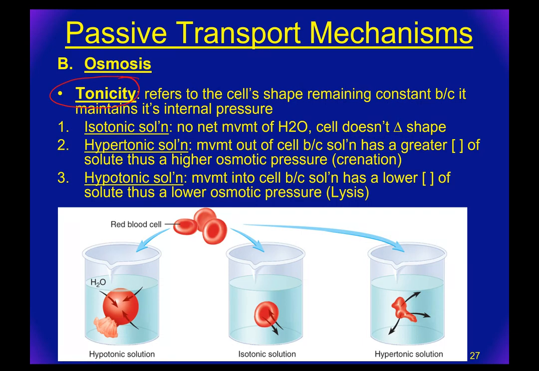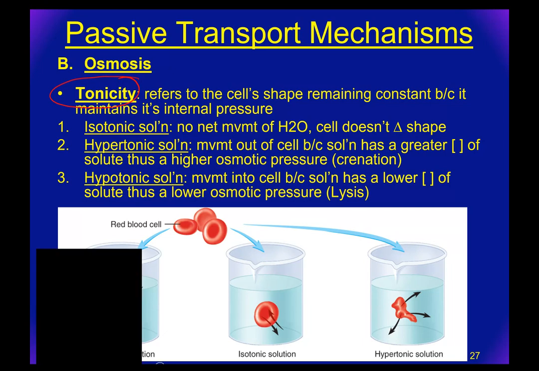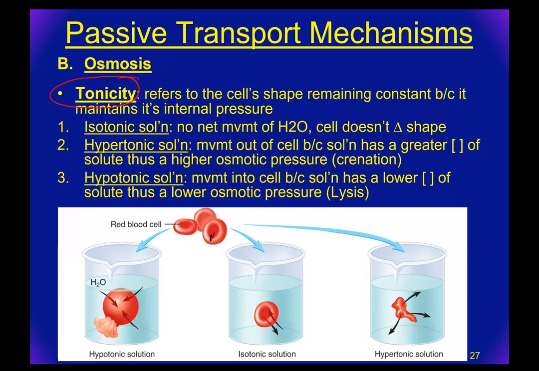So, tonicity is literally referring to your cell's shape remaining constant, because the internal pressure inside of your cell is stable. Okay, so tonicity means that you've got this constant internal pressure inside your cell pushing out.